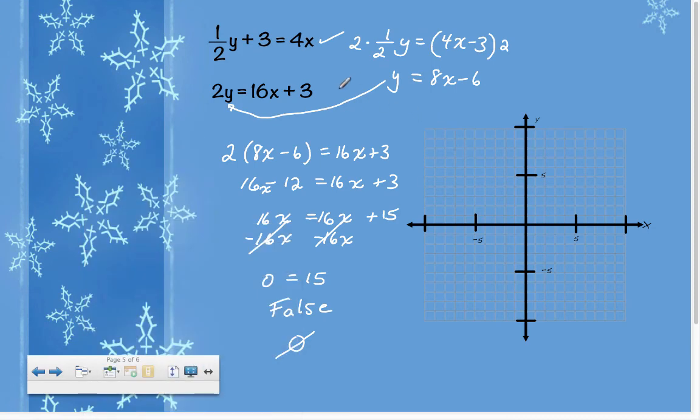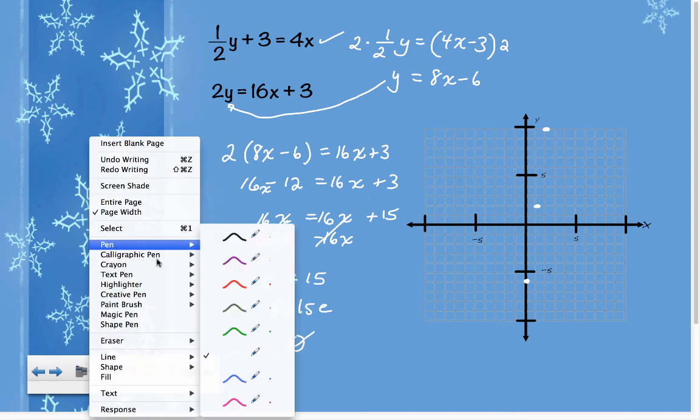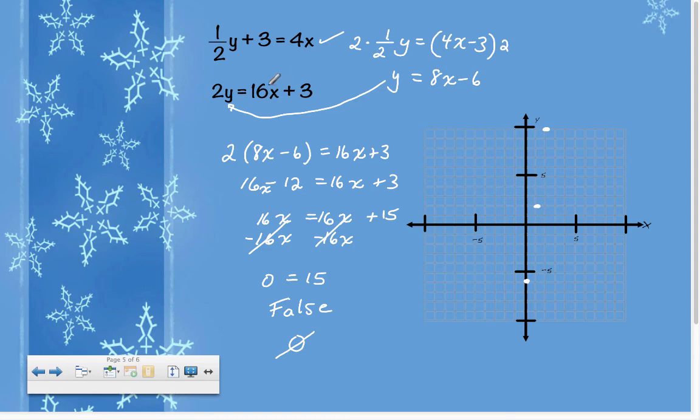Okay, if I were to graph this line, I solve for y, and it tells me to start at -6 and then go up 8 over 1. Up 8 over 1. That's my line. Let me change my pen now. Pick a nice pink one. And we are going to solve this second equation for y so we can graph it.